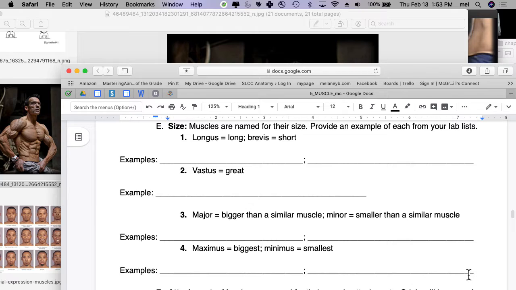If you, for instance, are looking at the triceps and you're like, why the hell is that the long head of the triceps? It looks shorter than the other one. It's because the tendon is longer. So long versus short heads or longus versus brevis has to do with the length of the tendon, not the length of the muscle. Because they hate us all, right? I don't know. Probably because the tendons are easier to find than the muscles when you get down here. Yeah, they're way easier to find than the muscles.